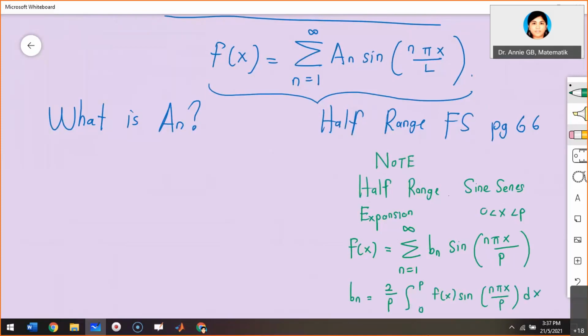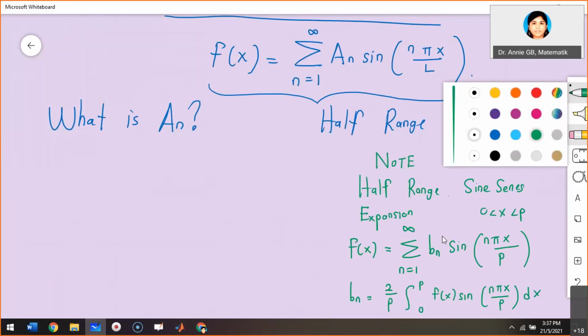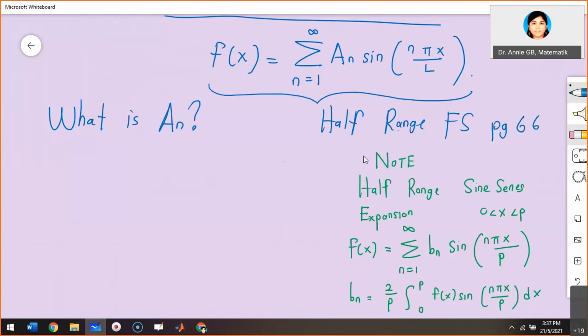Let us compare, are they the same? Yes, only b_n differs. What is my p? p is my L. This is why you have to learn about the Fourier series first. If we do not learn it, it is difficult to solve. Based on this note, this f(x) equation and this equation are the same thing, except my p is L. a_n is my b_n.